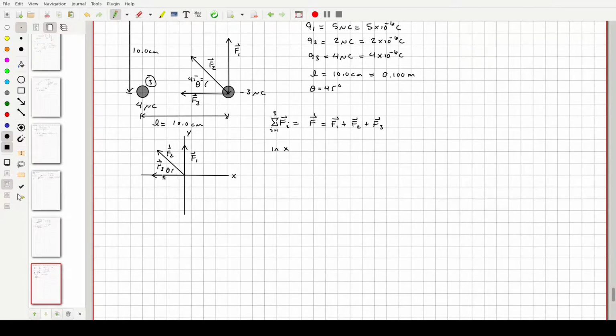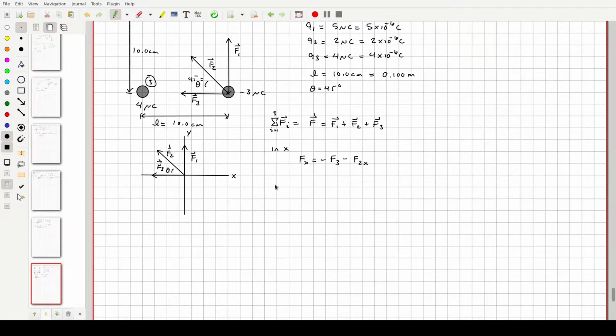In the x direction, I see that my third force here, F3, lies entirely in the negative x direction. So Fx here, the x part of my net force, is going to be minus F3, and then the x part of F2, which is also negative. Now, we're going to fill in what this is here in a moment.